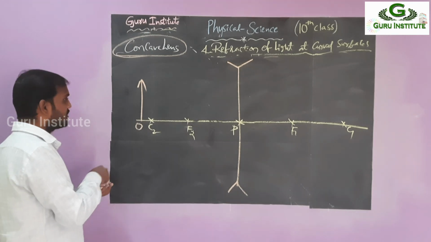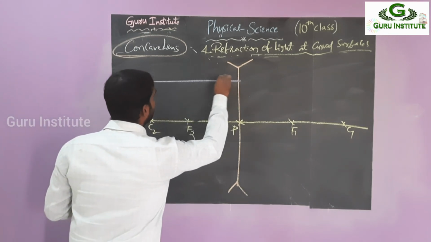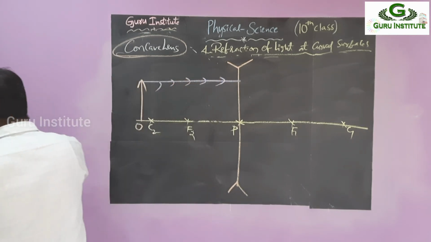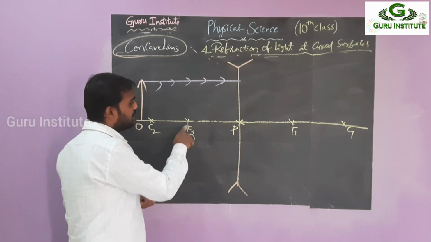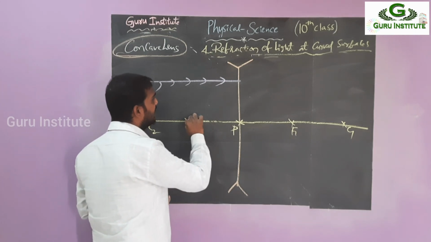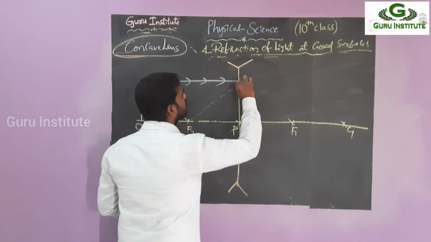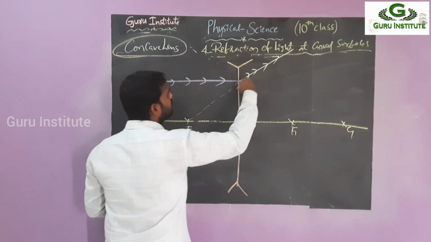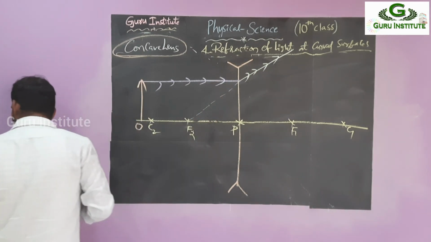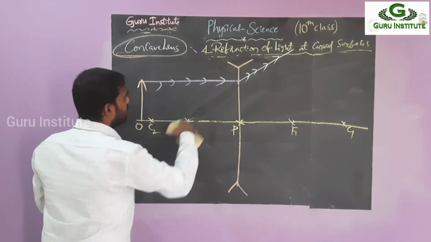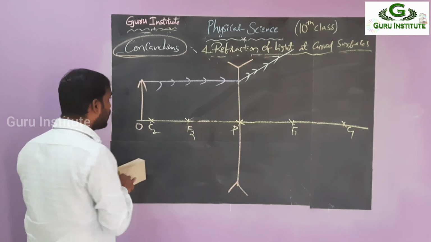So about this one, first, you already know: parallel to the principal axis. What happened? It is passing through the focus, but not directly, indirectly, like this. It is indirect, right? First one is over. So what is the next one? Passing through the pole, no deviation.